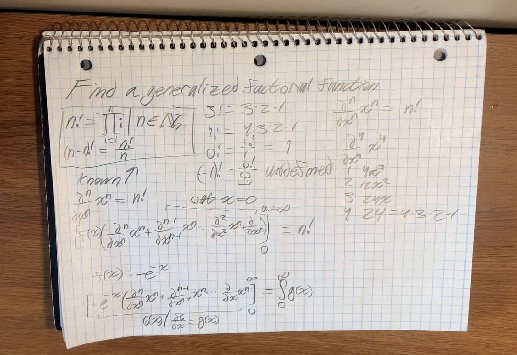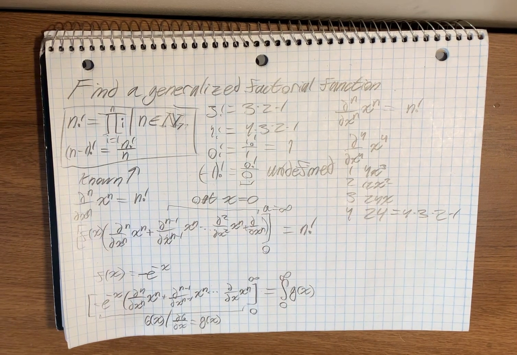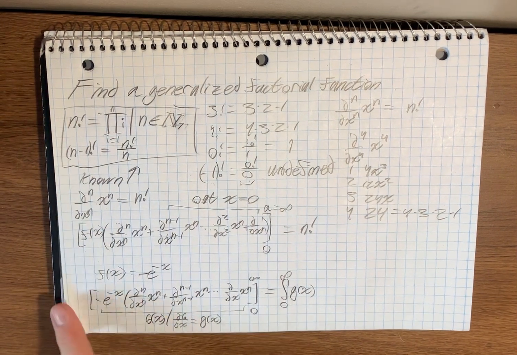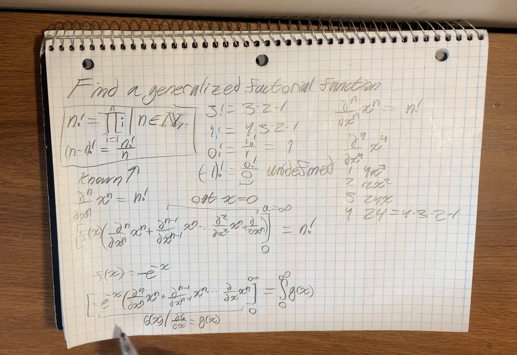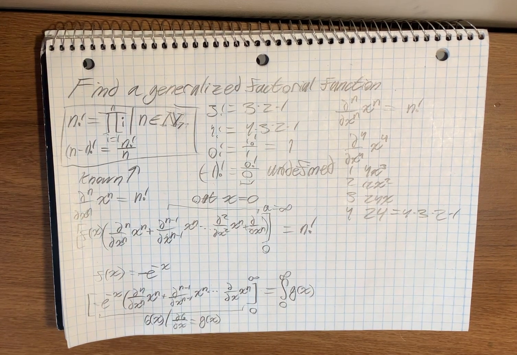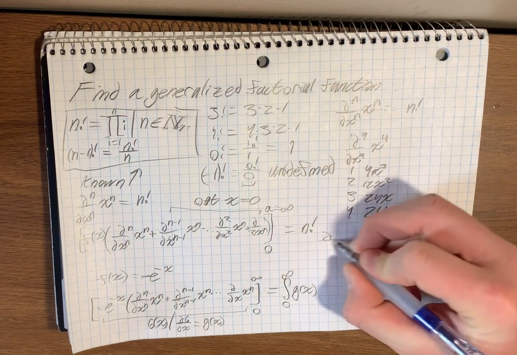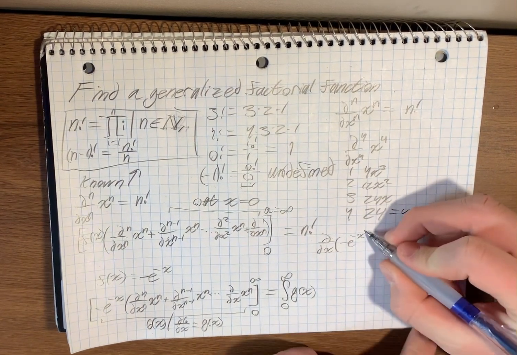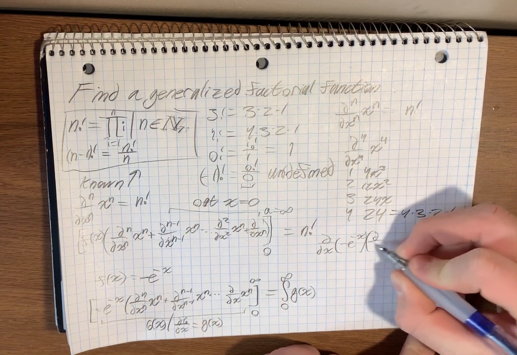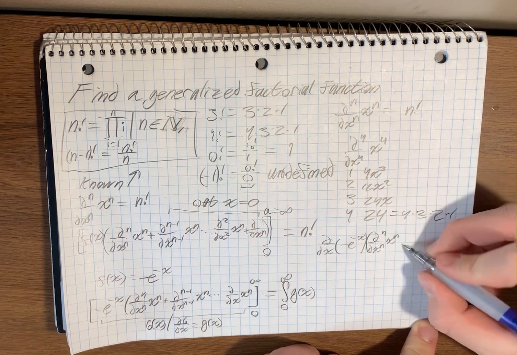Right. So one way to figure this out would just be to differentiate this. We now need to differentiate negative e to the negative x times this polynomial. So let's do that. Let's find d/dx of negative e to the negative x, and then I'll just write in 4 terms here.